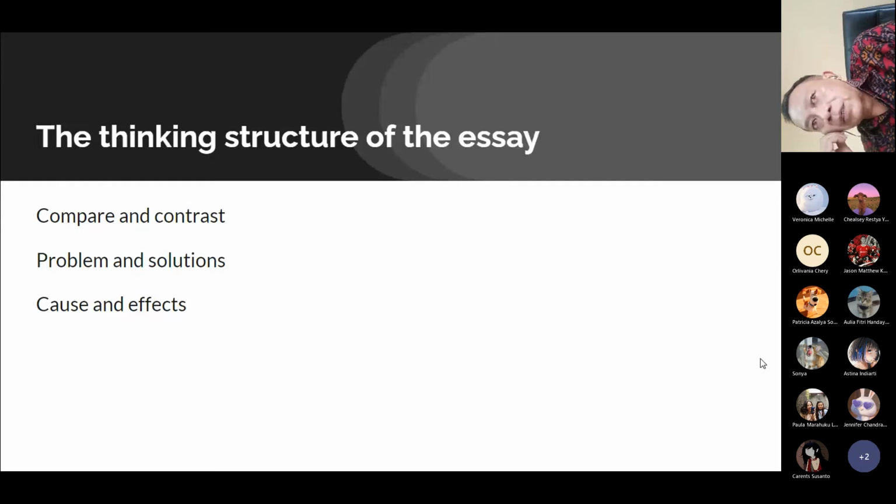In their essay, they have the so-called structure of thinking, meaning that their arguments and ideas are organized in such a way that we can judge if they follow certain patterns. Like, let me name some of them. I won't discuss all of them. The first is called compare and contrast.